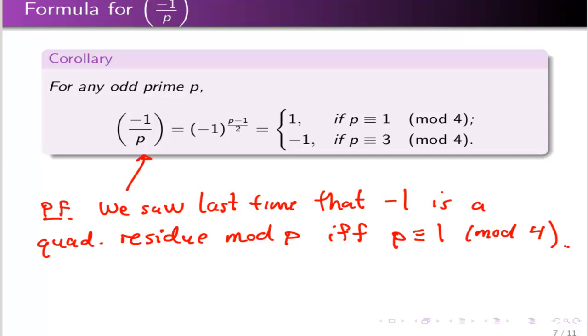And that was immediately from the Euler criterion. So negative 1 to the (p minus 1)/2 is plus 1 when p is 1 mod 4, and it's negative 1 when p is 3 mod 4. So I'm just reformulating the theorem we did last time using the Legendre symbol.